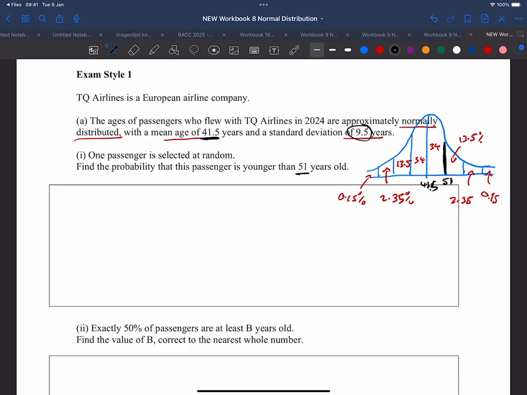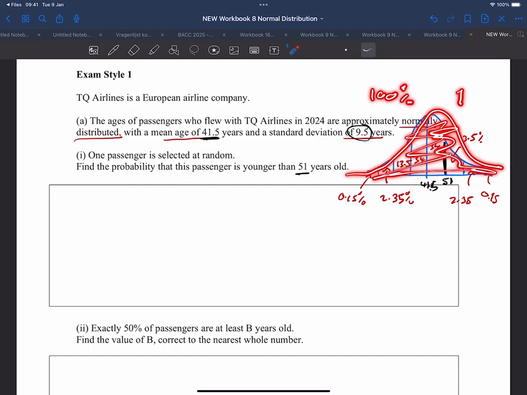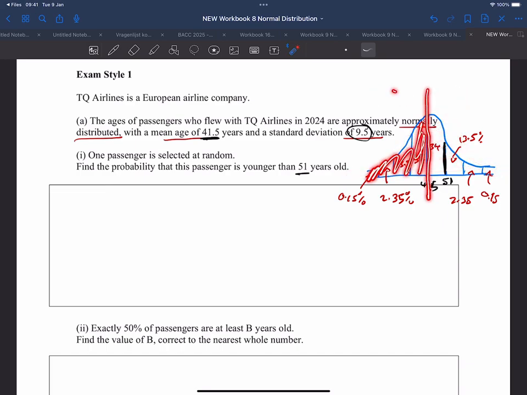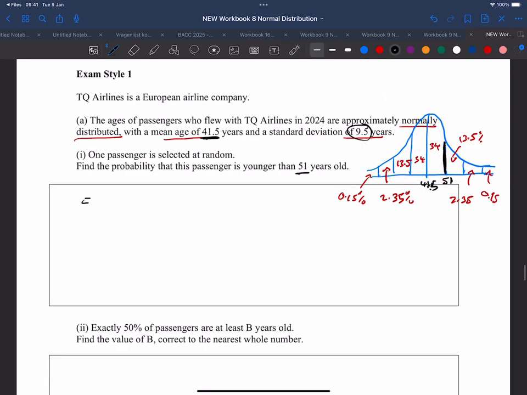So let's work this out. The whole area under this curve is 100%, or 1. We know that half of it is 50%. So we want the 50% plus this bit here, which we know is 34. That gives me 50 plus 34, which equals 84%.